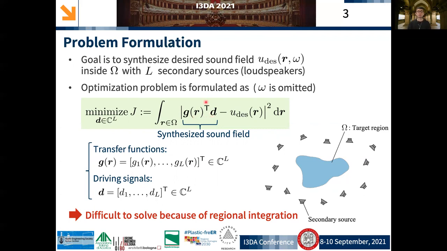So this term means the synthesized sound field. And the cost function is represented as the regional integration of the square error between synthesized and desired pressure fields. This minimization problem is actually difficult to solve because of the existence of the regional integration.